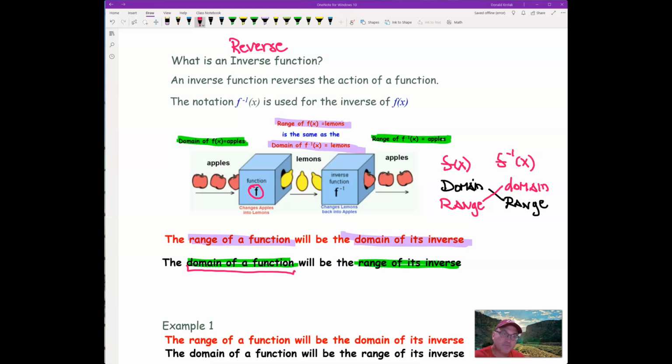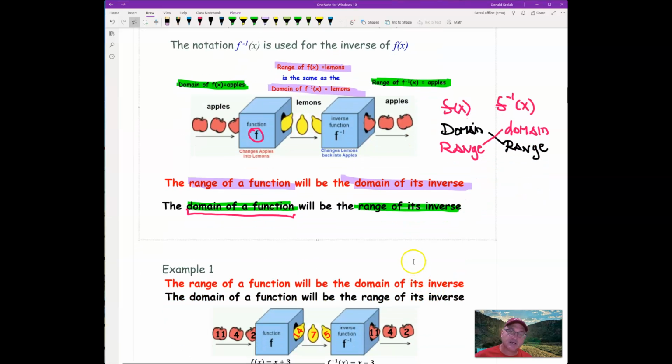That's the two that I highlighted in purple. That's an important concept to know about inverse functions, because later on we'll see that not all functions have inverses. We use that property later on to figure out which functions have inverses and which don't.